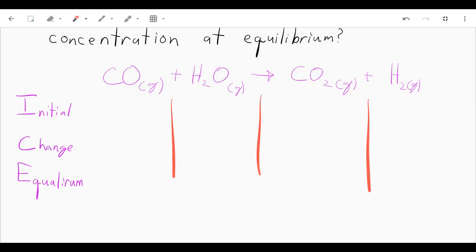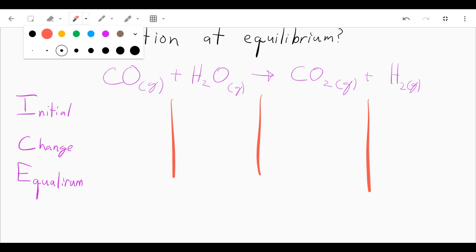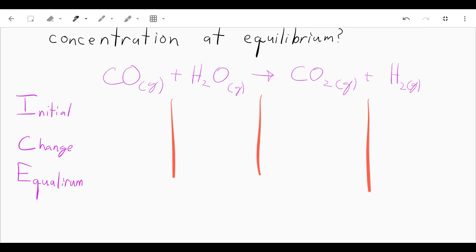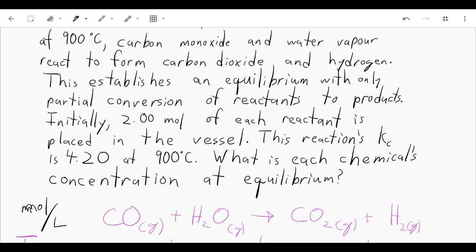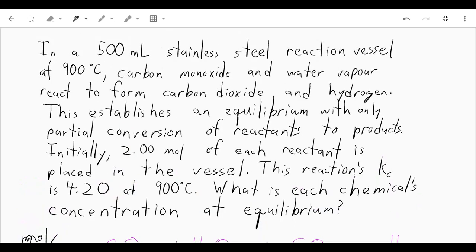There we go. So what I'm going to do is I'm going to start by writing out the concentration of each of these chemicals in the initial row. It is important to remember that the ICE is all in moles per liter. What we were initially told was there's 2 moles of each reactant.